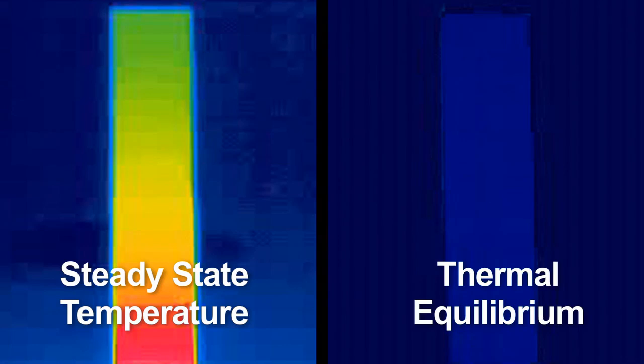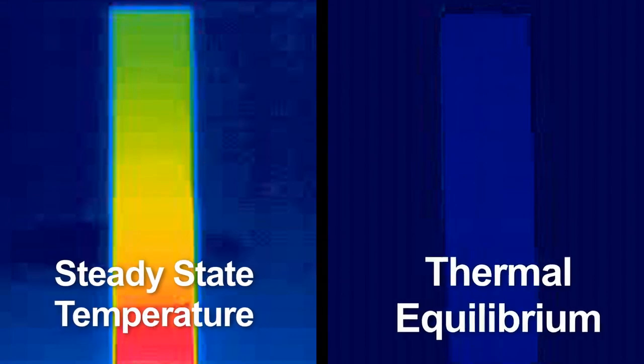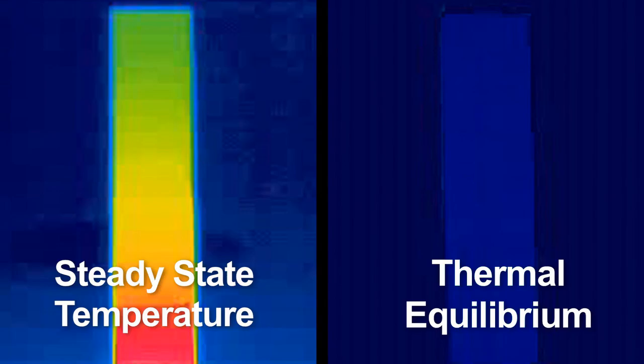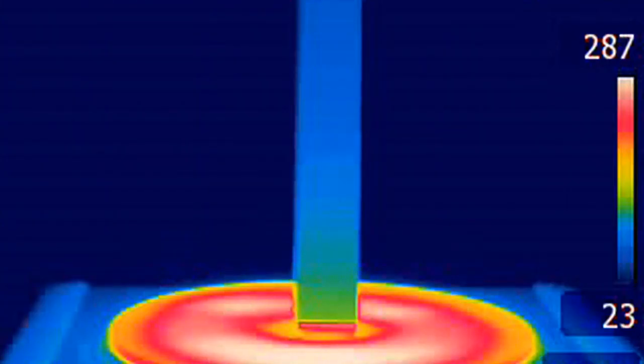You now have the tools to understand that thermal equilibrium and steady state temperature are different. We saw that if the temperatures of all parts of a system do not change with time, the system can either be at steady state or at thermal equilibrium. If the net heat flow is constant and non-zero, as for our metal bar on the heater, the system will have a steady temperature profile.